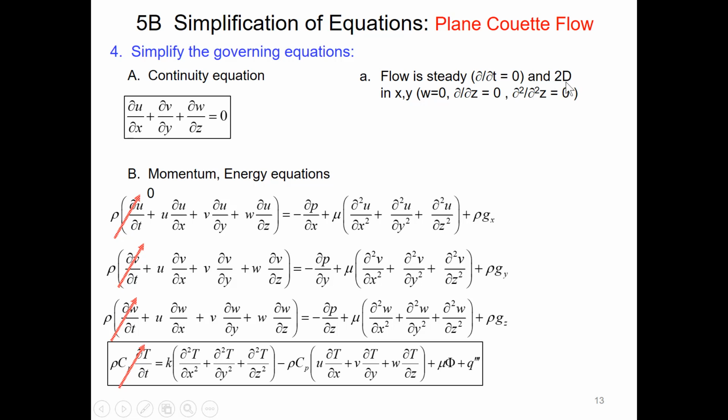And the flow is two-dimensional in x and y direction. Therefore, all the derivatives in the z direction are gone, and the velocity in the z direction is 0. As a result, the momentum equation in the z direction is gone.